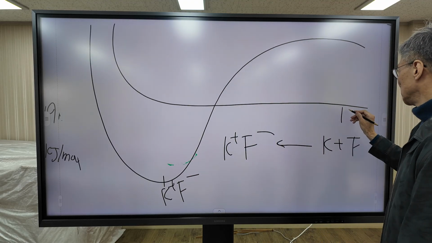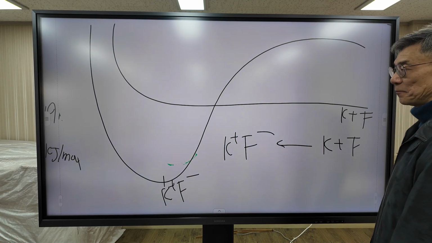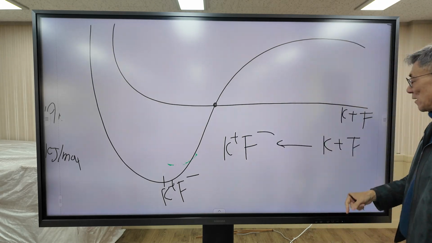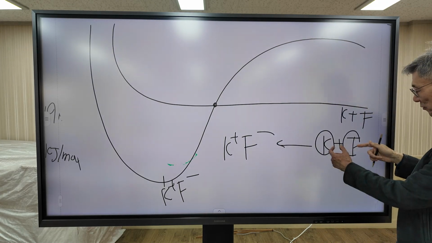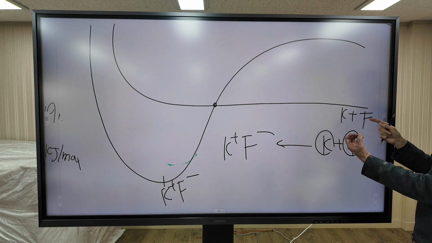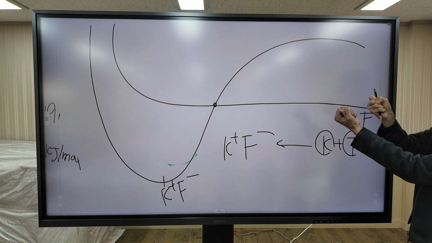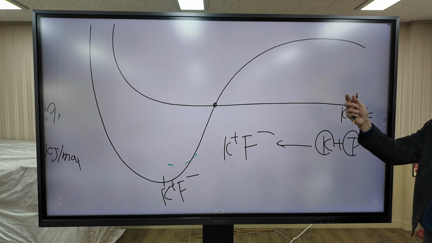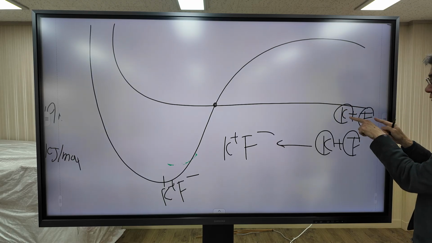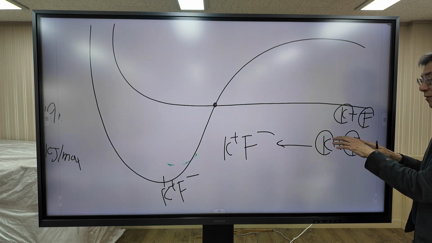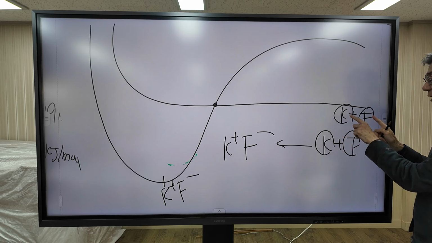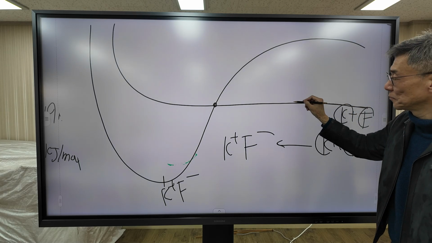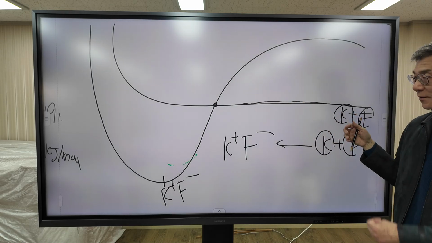Here K plus F. This is the point where curve crossing occurs. Now this is neutral state. Now fluorine approaches potassium, right? But when potassium and fluorine are far apart, they are in neutral state. So they experience almost no force, because they are neutral state. So fluorine approaches potassium with no force experienced.